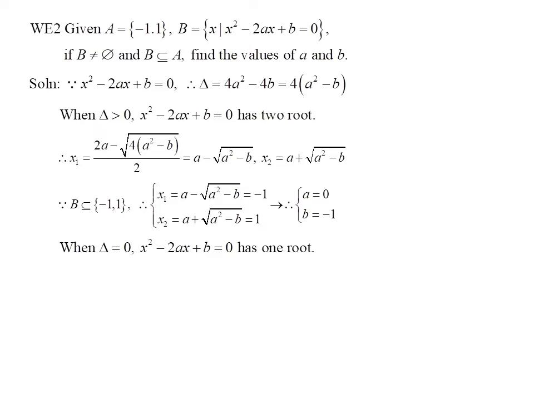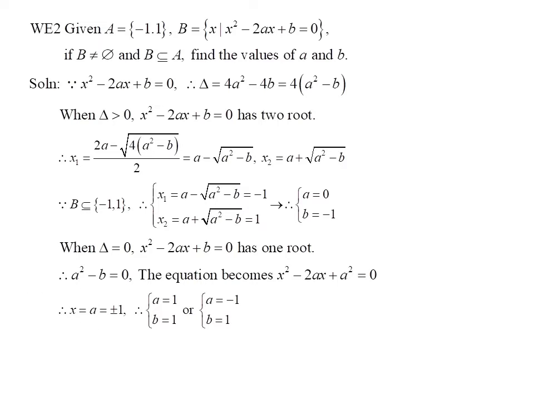When the discriminant equals 0, the quadratic equation of x squared minus 2ax plus b equals 0 has only one root, and it becomes x squared minus 2ax plus a squared equals 0.